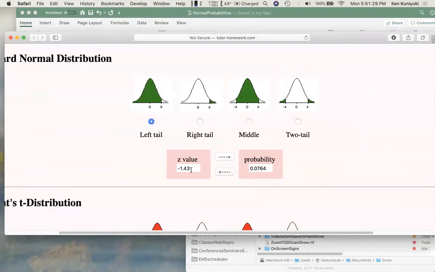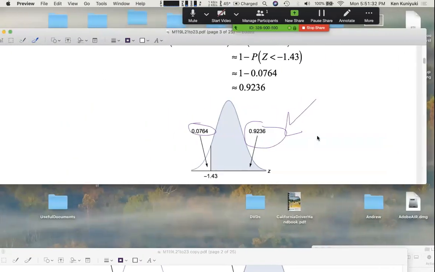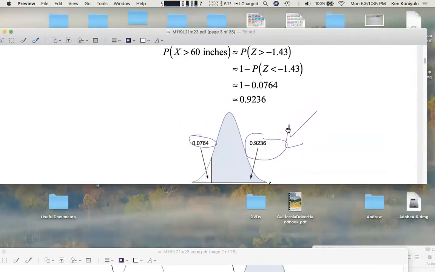On tutorhomework.com, that'll be the right tail probability, 0.9236. So the probability that a random American adult woman is taller than 60 inches, or 5 feet, is about 92.36%.